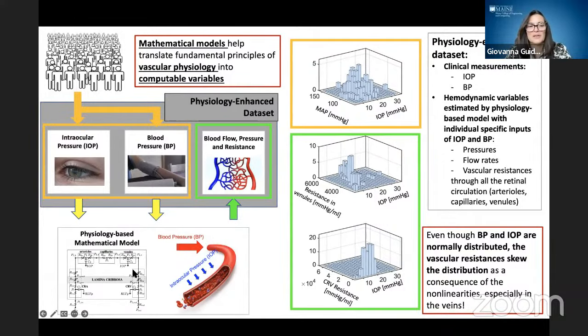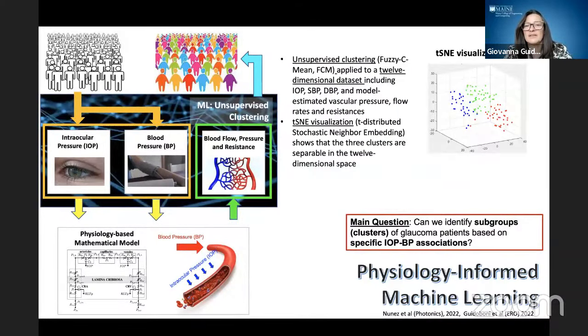Because, as I said, the model is so nonlinear, and the veins tend to collapse when the transmural pressure difference is such that the pressure outside is higher than the one inside, that when you look at how the resistance in the venous system or the resistance in the central retinal vein are distributed with respect to the belt that describes the distribution of blood pressure and IOP, you see that they are kind of pulled in different directions, thereby giving some chances that in the higher dimensional space captured by the physiology enhanced data set, we may actually be able to identify clusters. And so these are the results of clustering using fuzzy C-mean.